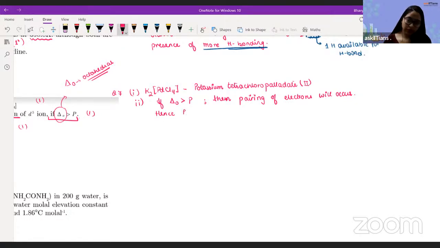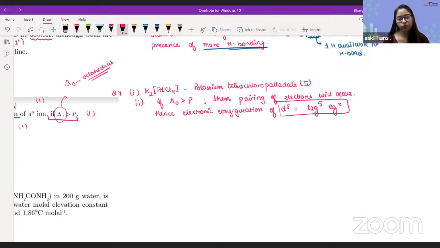Hence, the electronic configuration of d5 is t2g5, eg0, because pairing has taken place. Good, Latika, right? So this is the way that we have to work on.